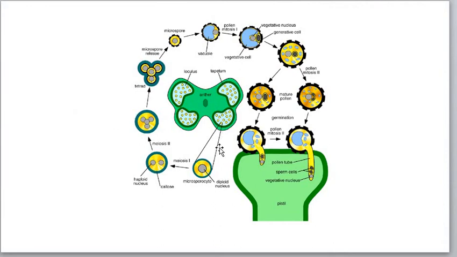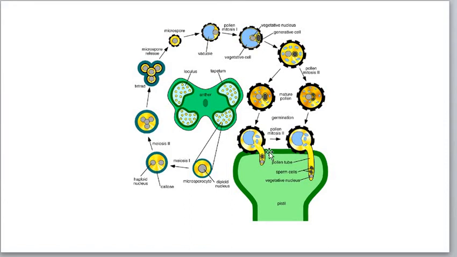The anther has microsporocytes that divide by meiosis into four cells which have half the number of chromosomes, and then they separate into microspores. Each microspore divides mitotically, forming two nuclei, the vegetative or tube nucleus and the generative nucleus, and they are coated with thick coats, forming the pollen grains.